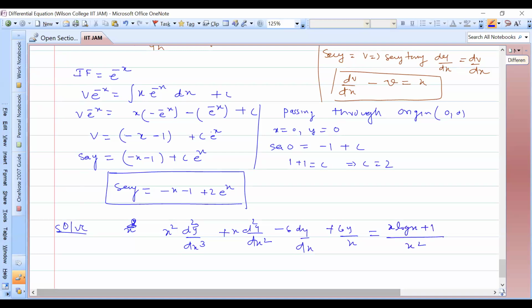Find the general solution. Please find it.